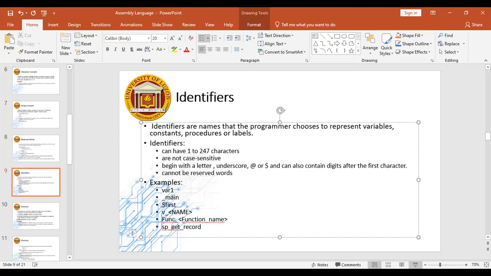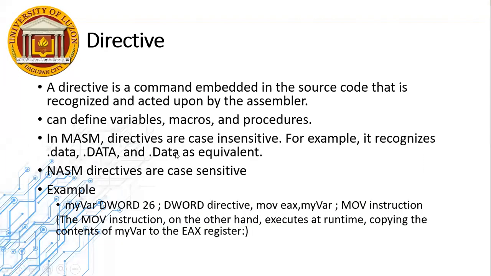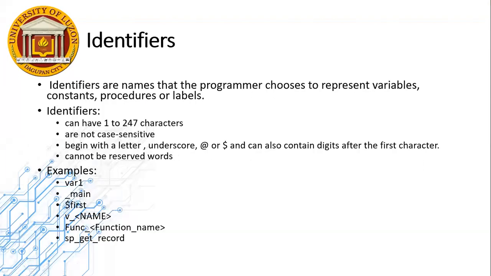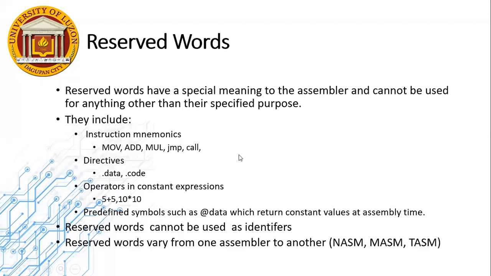Those would fall under identifiers. It is up to the programmer or developer what name he or she will use to represent the variables or constants being defined. But of course, we have these rules, and we also have the general rule regarding reserved words.